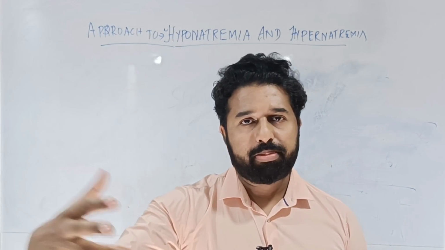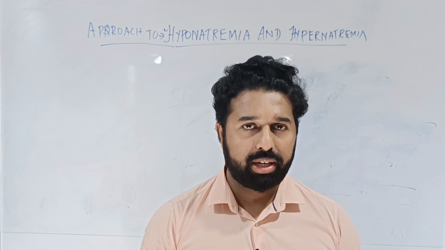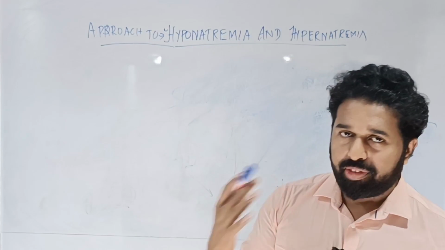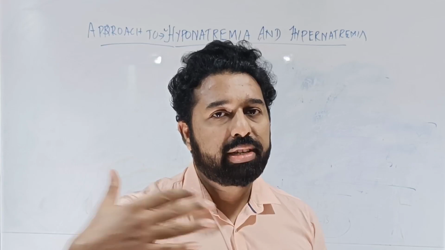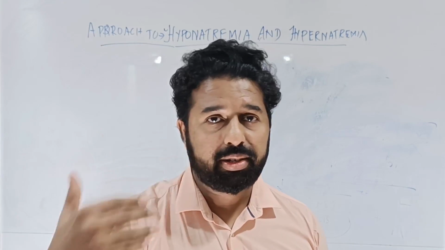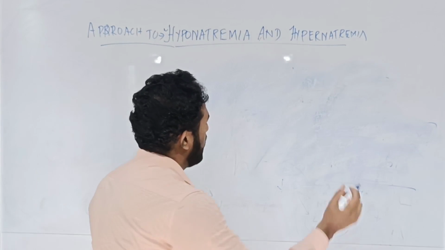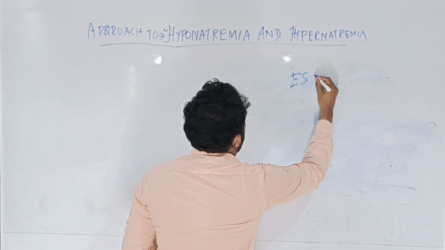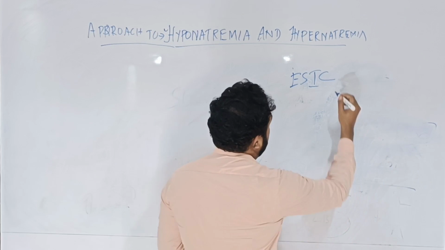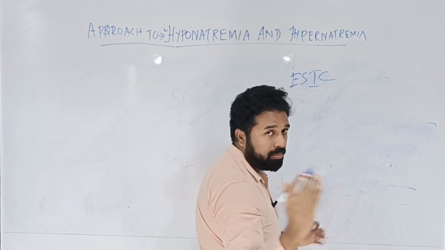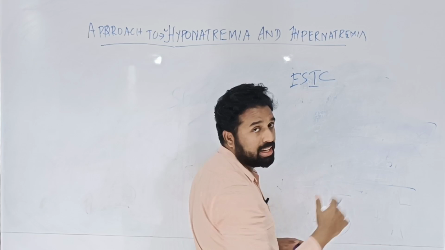I'll give you an example. A patient is coming with, say, altered sensorium. So before categorizing hyponatremia, you have to have objective evidence of the various levels of sodium. According to the latest guidelines of the European Society of Intensive Care, hyponatremia is categorized into 3.